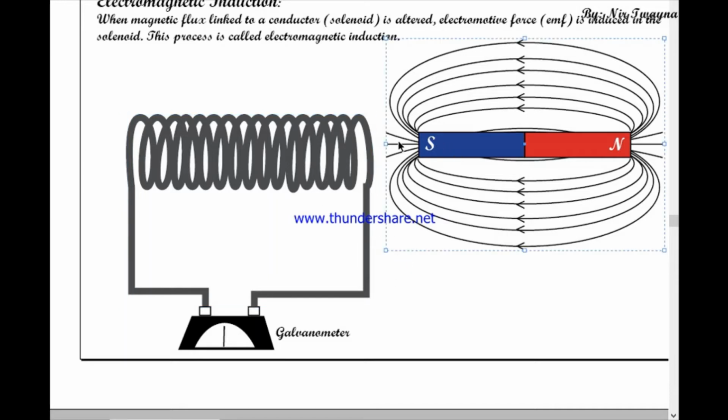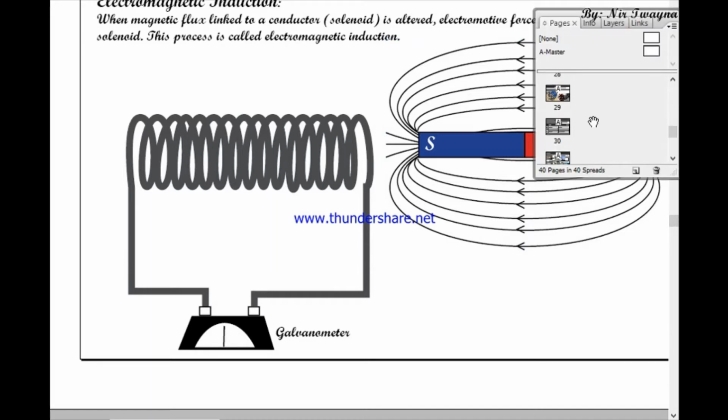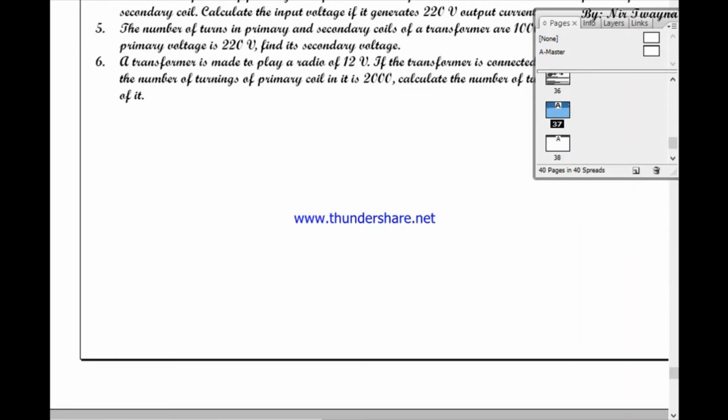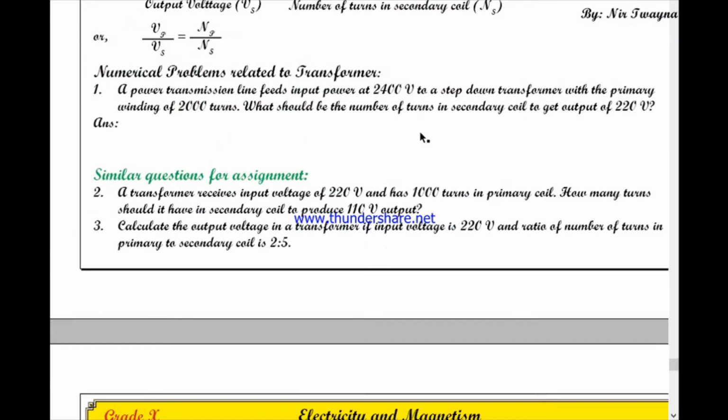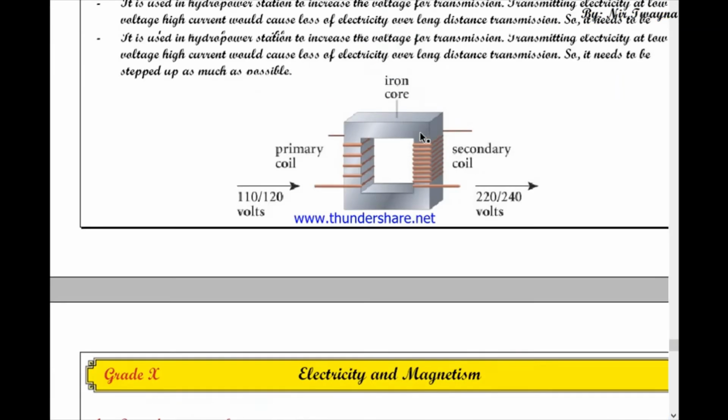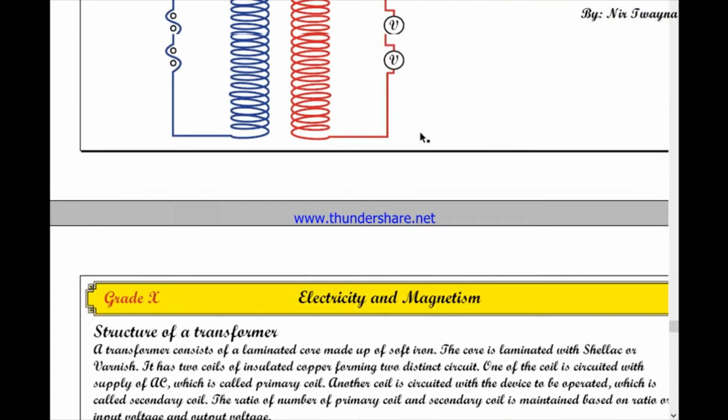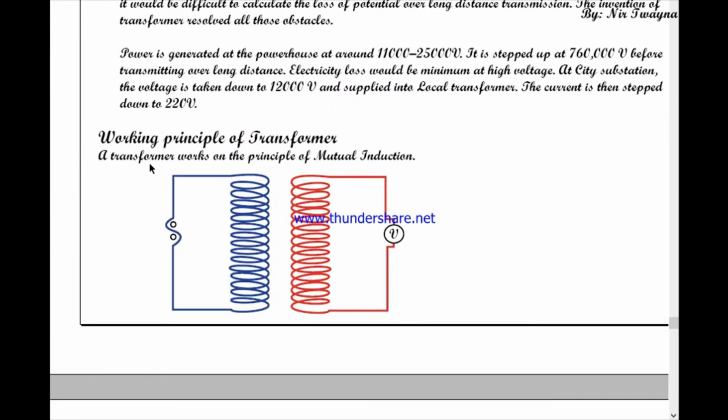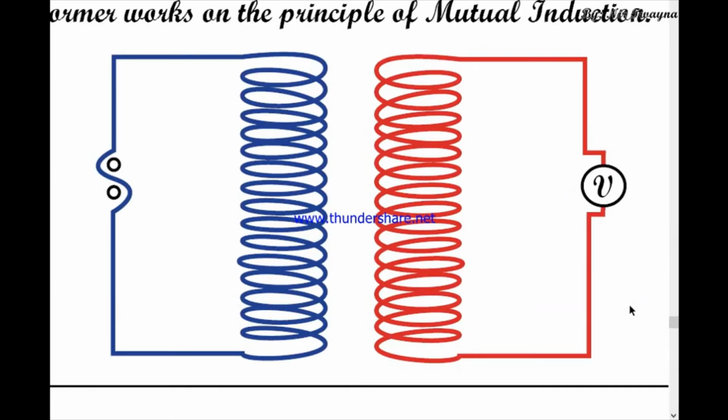It is the change in magnetic flux linked to the solenoid that causes the generation of electricity, or you can say induction of electricity.